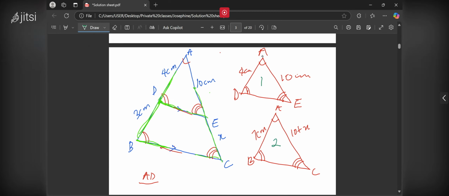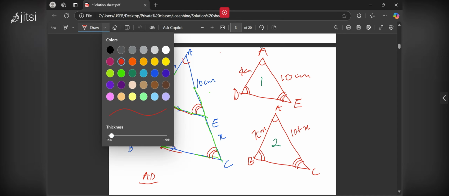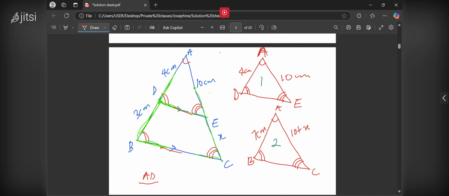I've picked AD in the first triangle, so which side does it correspond to in the second triangle? AB. AB, that is correct.